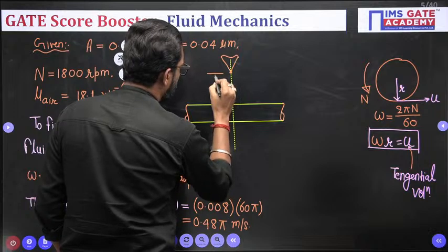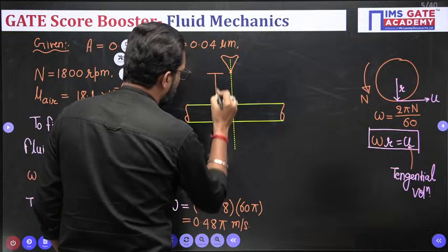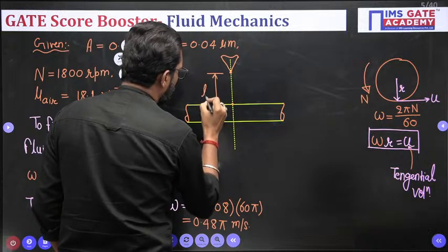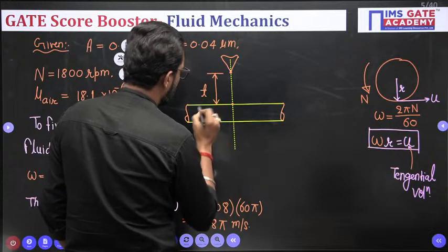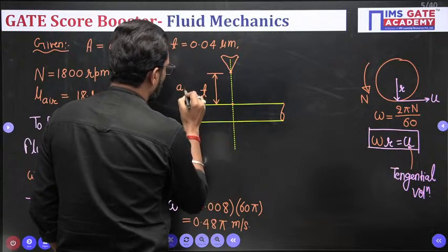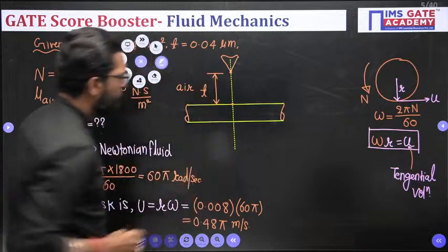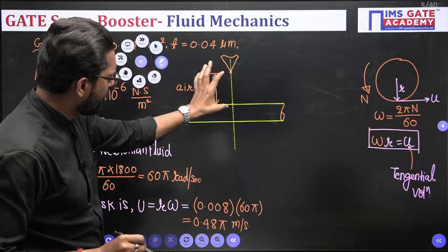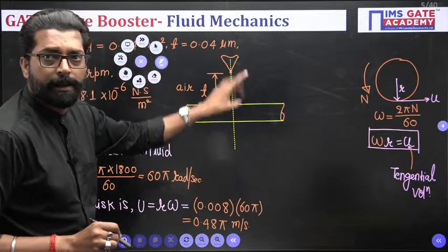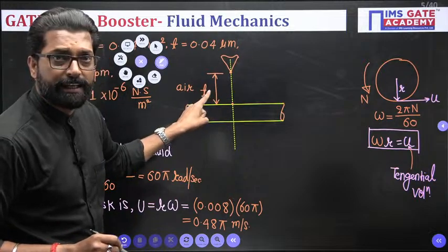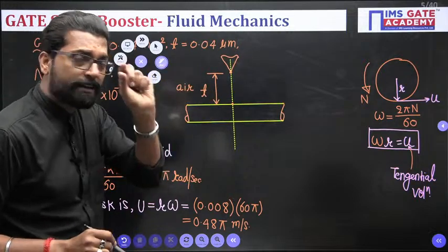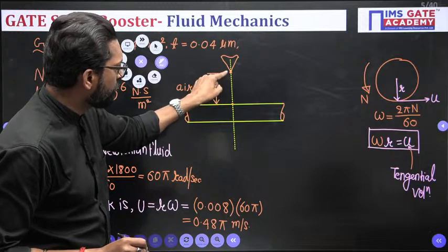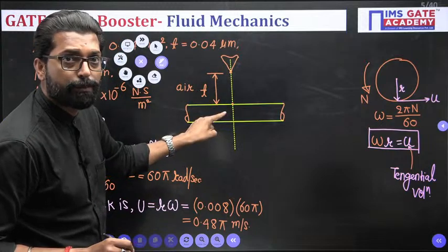This height is t, the thickness, it is given, and in between there is air. So the gap between the needle and the disc surface is t, the thickness of that gap.